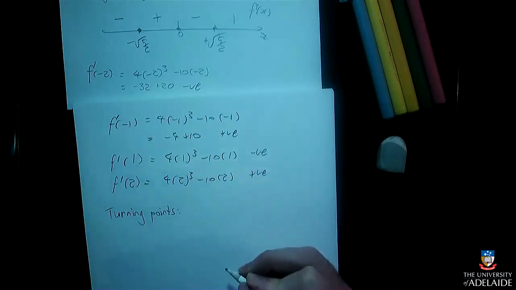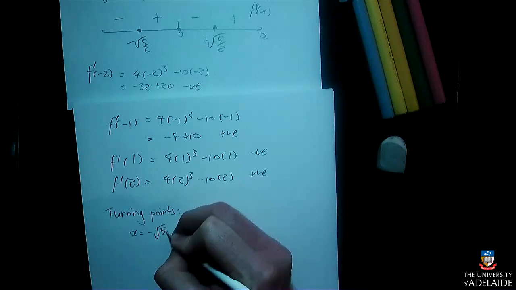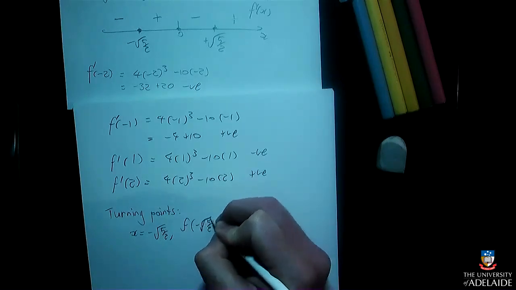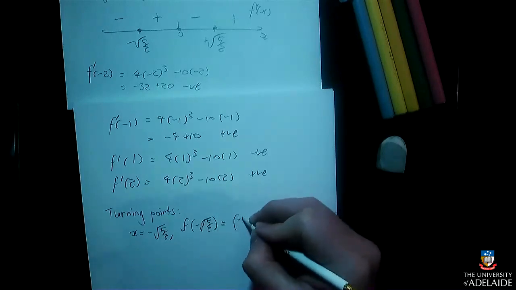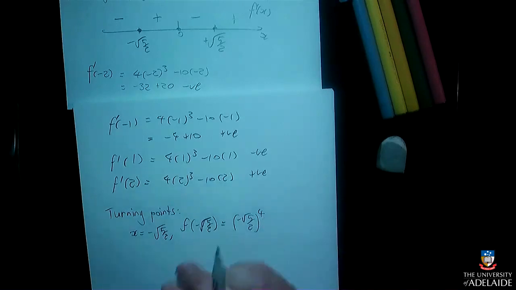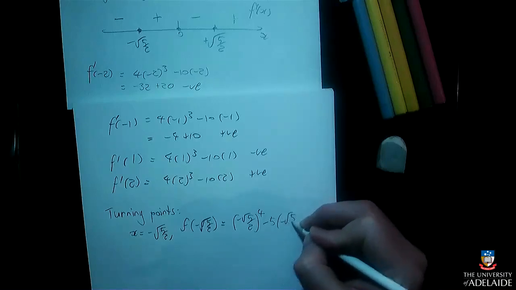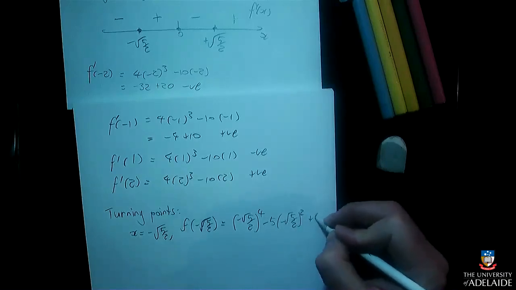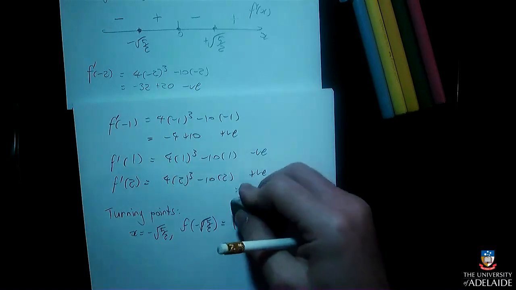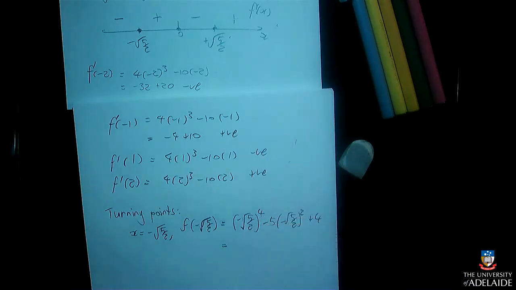So let's just find the turning points. So when x is equal to minus root 5 on 2, f of minus root 5 on 2 is minus root 5 on 2 to the 4. This is the original function now, because I'm finding out the y-coordinate. Minus 5 times minus root 5 on 2 squared plus 4. I need that root to go all the way to the bottom, or the 2 wouldn't be included. So the 4 will make the minus disappear.